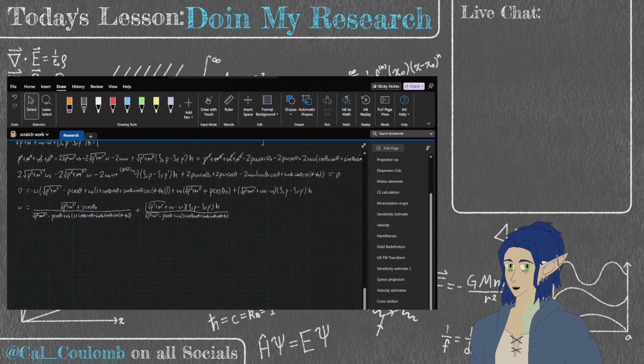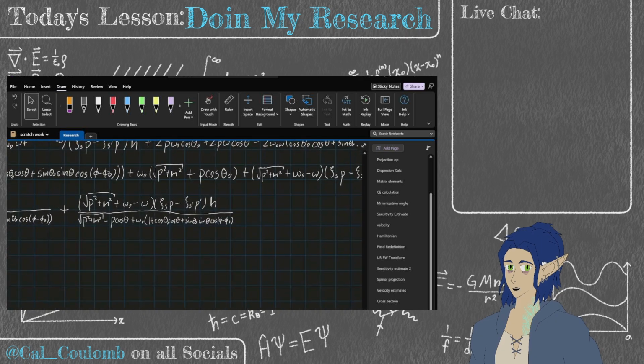And so what we can see is we have here an expression for omega. It doesn't fully specify omega because we have this p prime here, and p prime itself depends on what omega is.